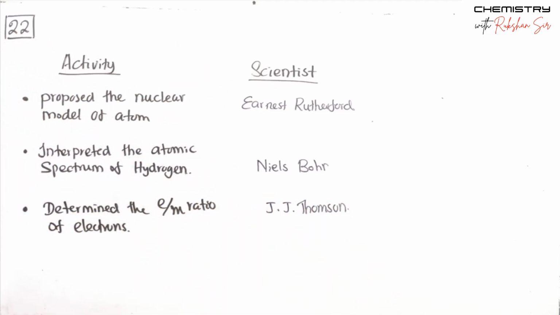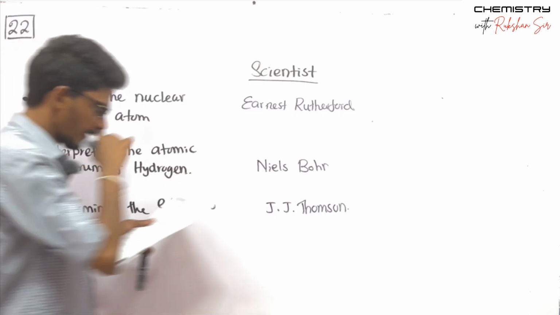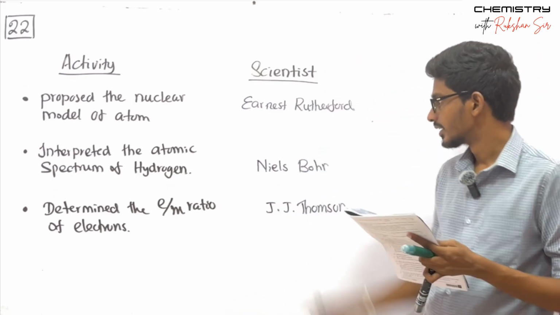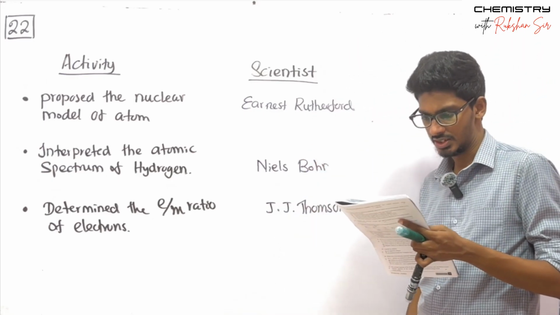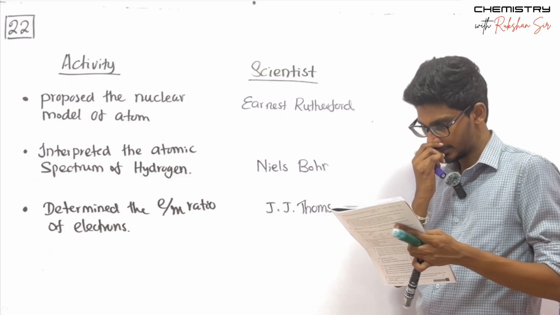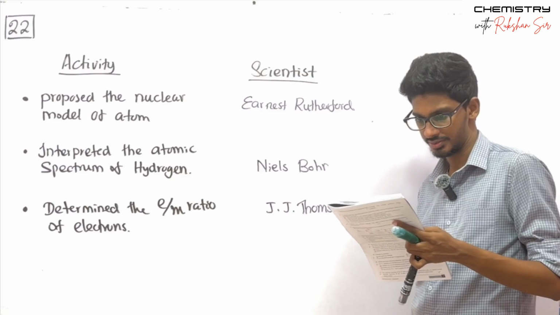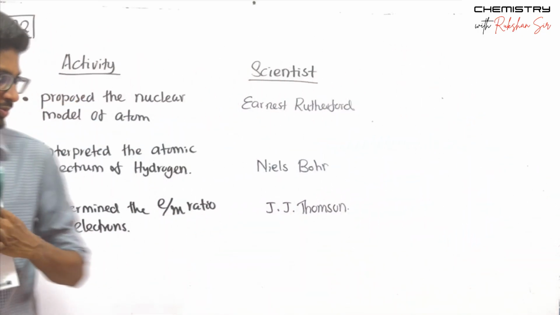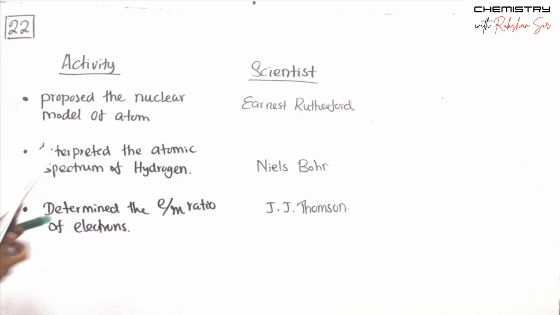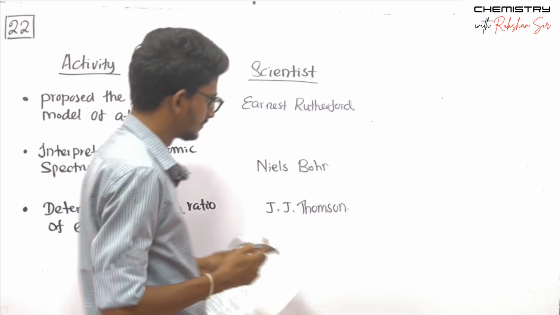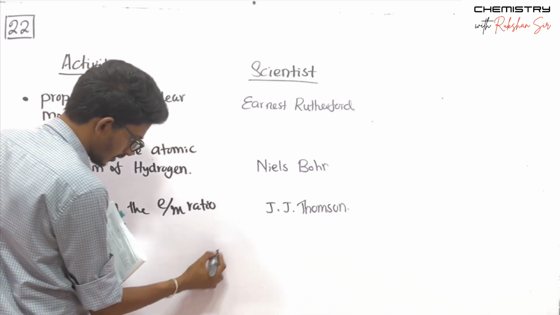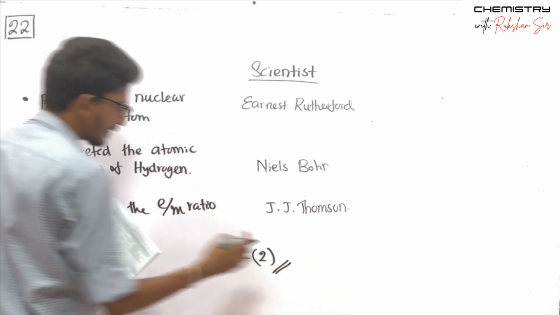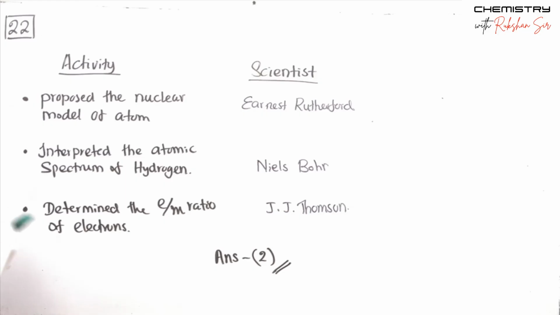So which column carries these 3 answers in order? Rutherford, Bohr, Thomson. So that is column 2. So the answer is 2. Column 2 carries these 3 scientists in order.